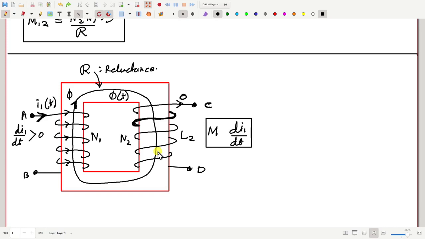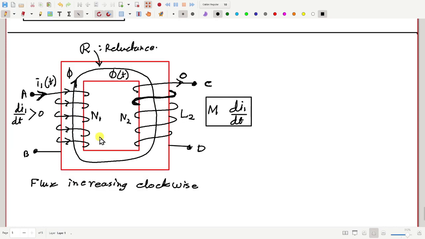In the previous direction. So see, d phi by dt is positive. That means flux is increasing in the clockwise direction. So the second coil should try to drive a current which will generate flux in the anti-clockwise direction according to Lenz's law.